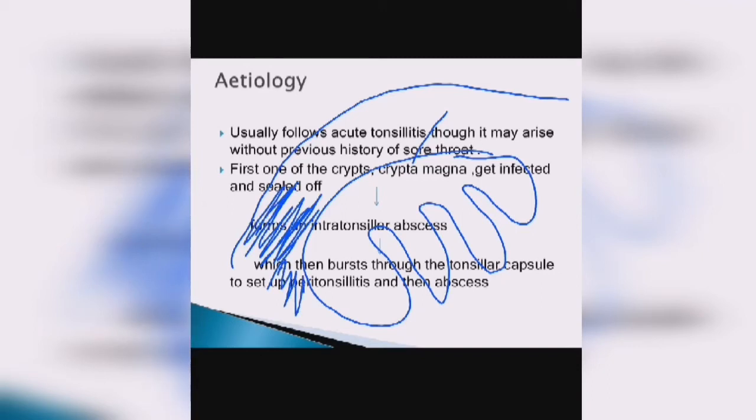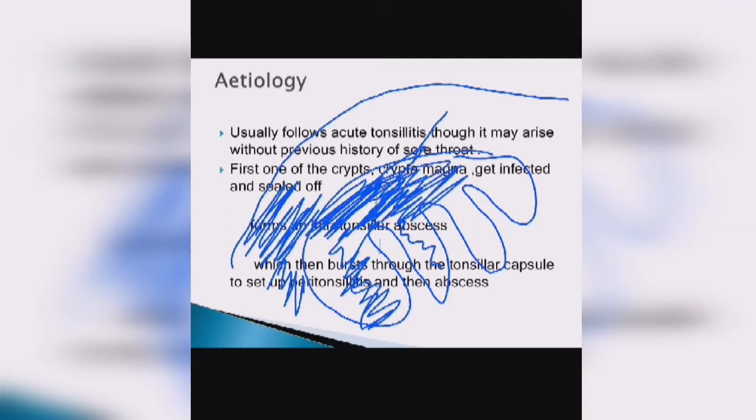The abscess is inside the tonsil. When tonsillitis sets in and there is infection, the capsule breaks down, and the abscess then enters the peritonsillar space. That's why peritonsillar abscess is a complication of acute tonsillitis.